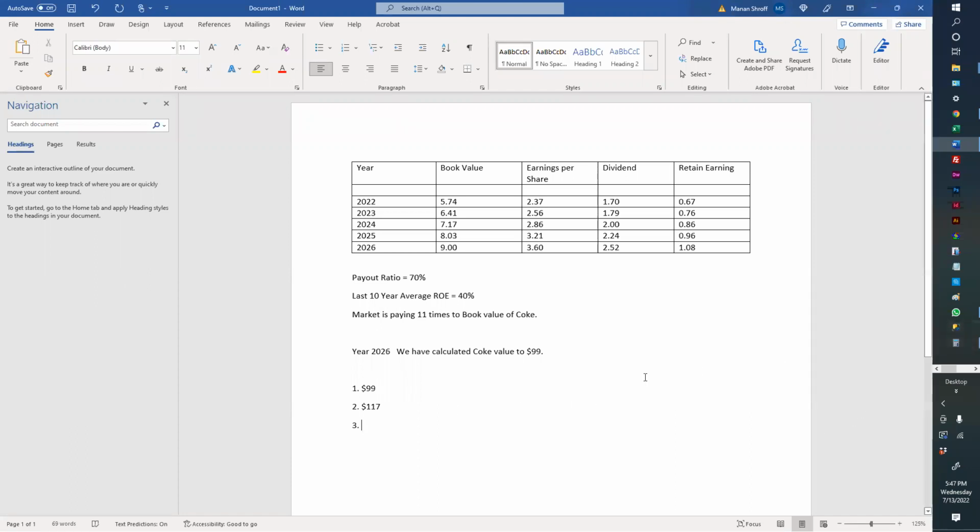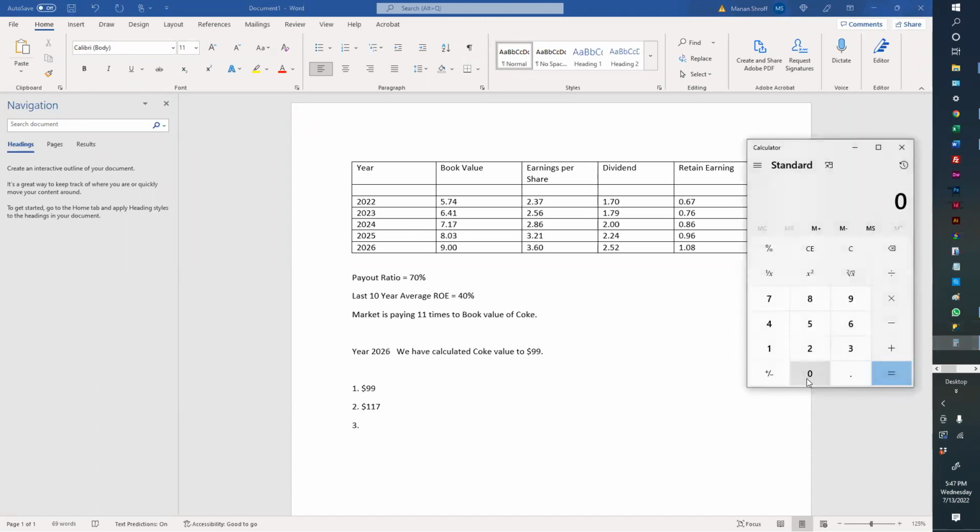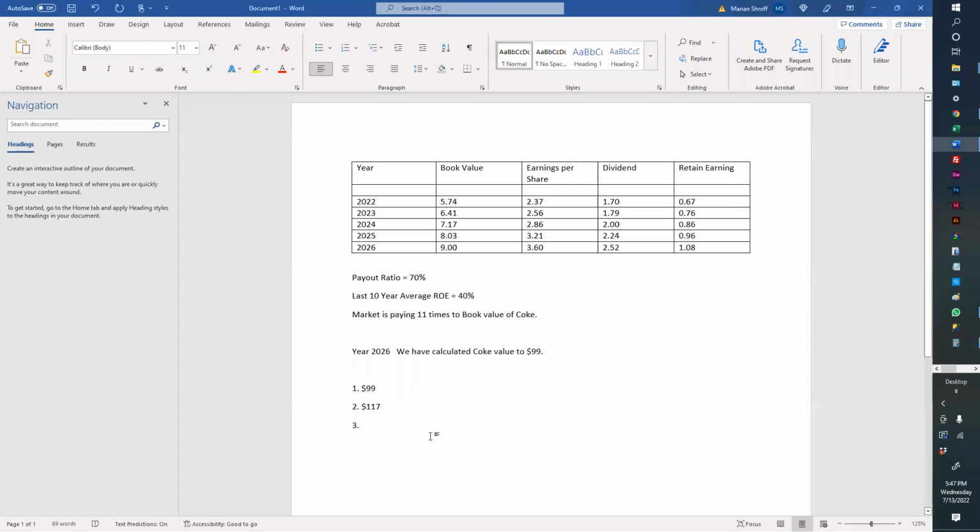So if we count 9 times, and we have a new book value of $9, okay, that is 81.